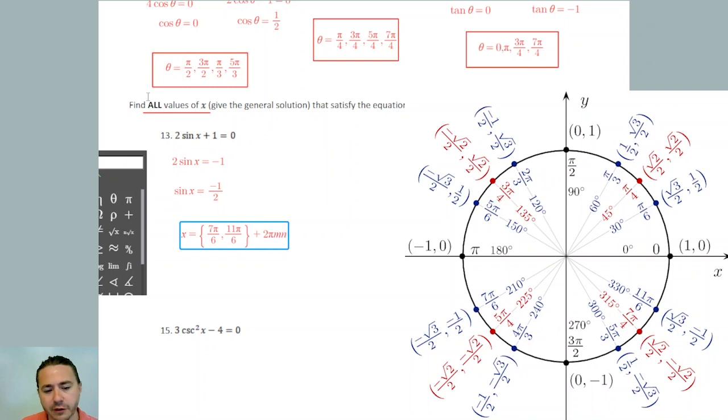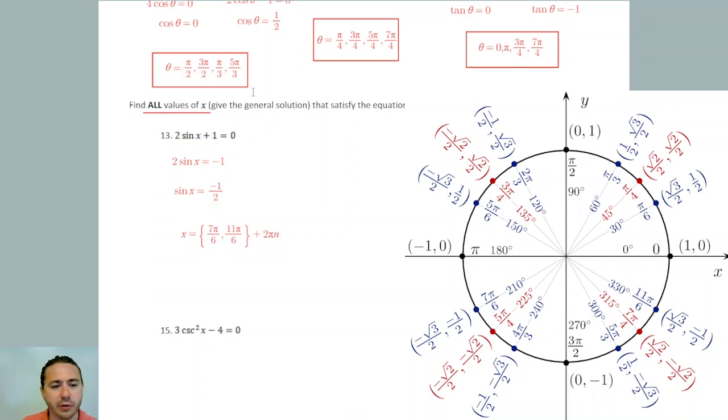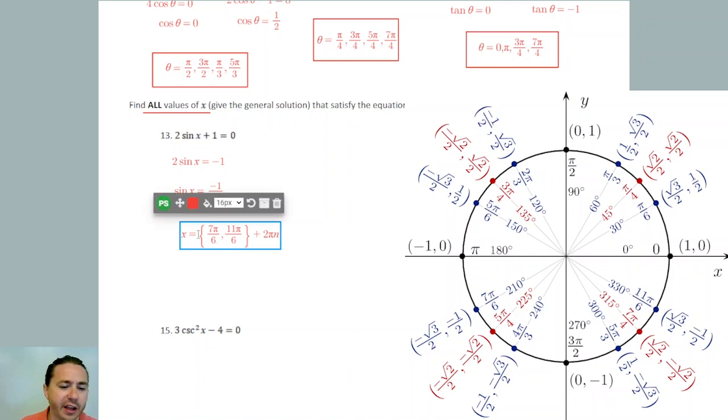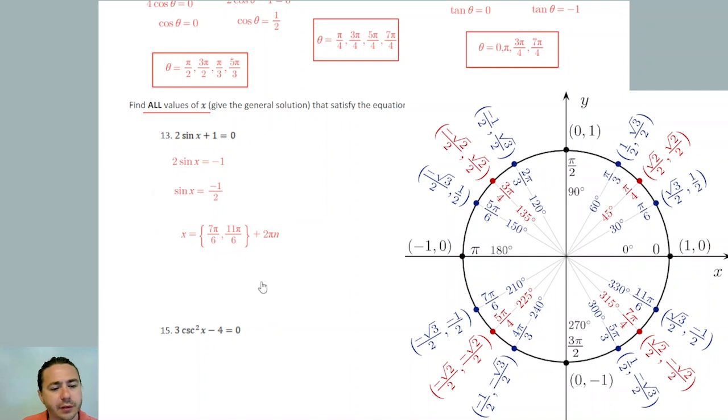And that's really all you have to do there. Just list your solutions that you would normally list like we did above, and then write plus 2 pi n, saying that you could take either of these angle measures, add 2 pi or 4 pi or negative 6 pi, and you'll get another set of solutions. So there's infinitely many solutions here, but we're going to write them out like this.